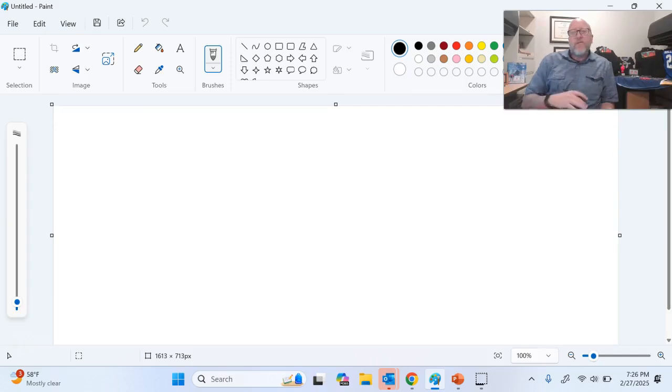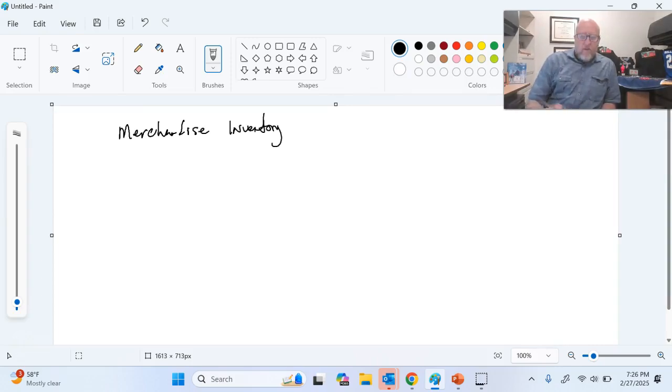The journal entry to just buy toilet paper, and we can buy on account, right? So we can have our vendors bill us at a later time. It's just going to be merchandise inventory. Merchandise inventory is an asset, and therefore, if I purchase $100,000 of merchandise inventory, it's going to be a debit to merchandise inventory.